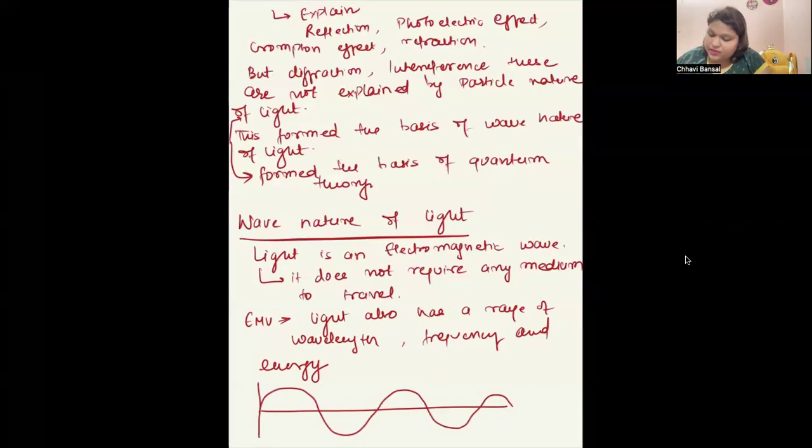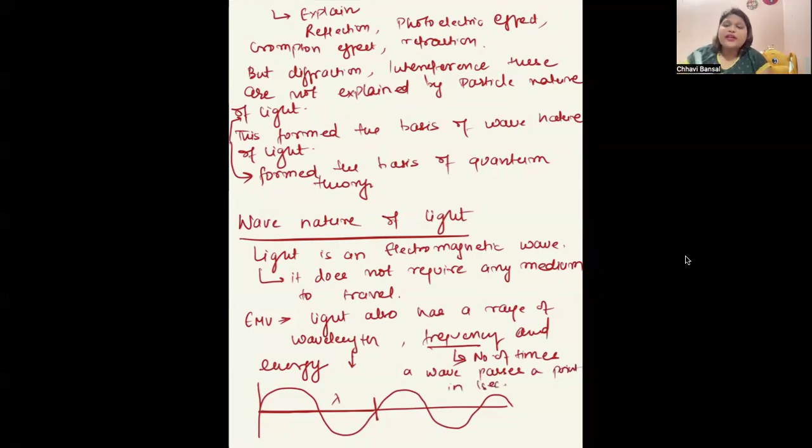So what happens? This distance is called the wavelength, or lambda. Okay. Now each wave has its characteristic lambda. Lambda means wavelength. What is frequency? Frequency is the number of times a wave passes a point in 1 second.